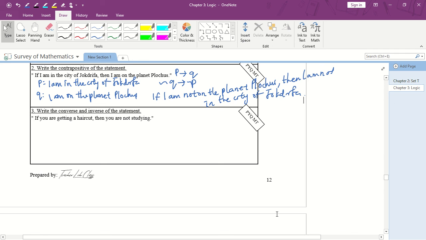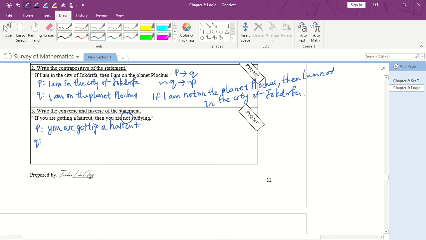Okay. And now you have another question saying to write the converse and inverse of the statement. So again, you need to figure out what the simple statements are. P: you are getting a haircut. And then the next one, then you are not studying.